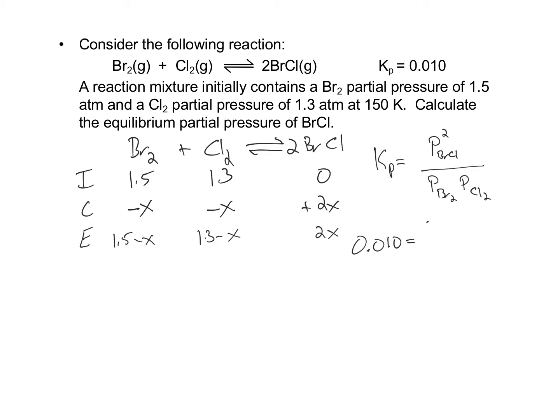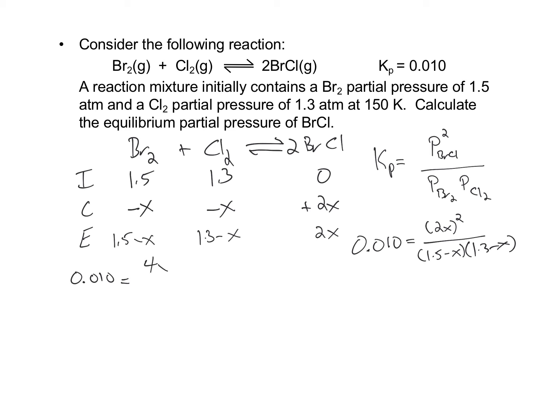Then we have 2x squared over 1.5 minus x times 1.3 minus x. Okay, so at this point, what I would do is go ahead and expand the denominator there. So let me rewrite things over here on the left. We've got a little bit more room. So we'll have our K. The numerator is easy.